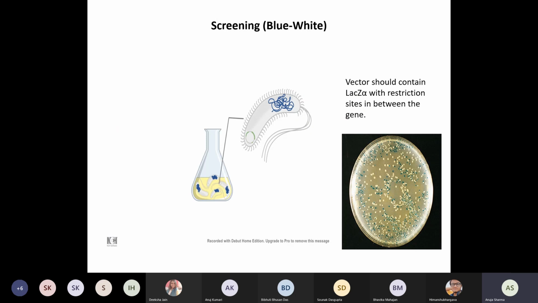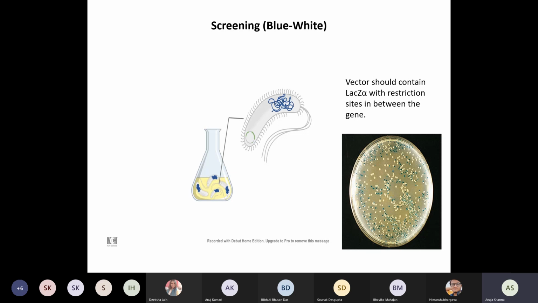Next step is, once you have transformed your recombinant DNA into a particular bacteria and the bacteria multiply, we hope that the plasmid in it will grow in the bacterial cells. So once we have got the colonies on your plate, now you need to screen for the particular colony which contains the positive recombinant DNA.